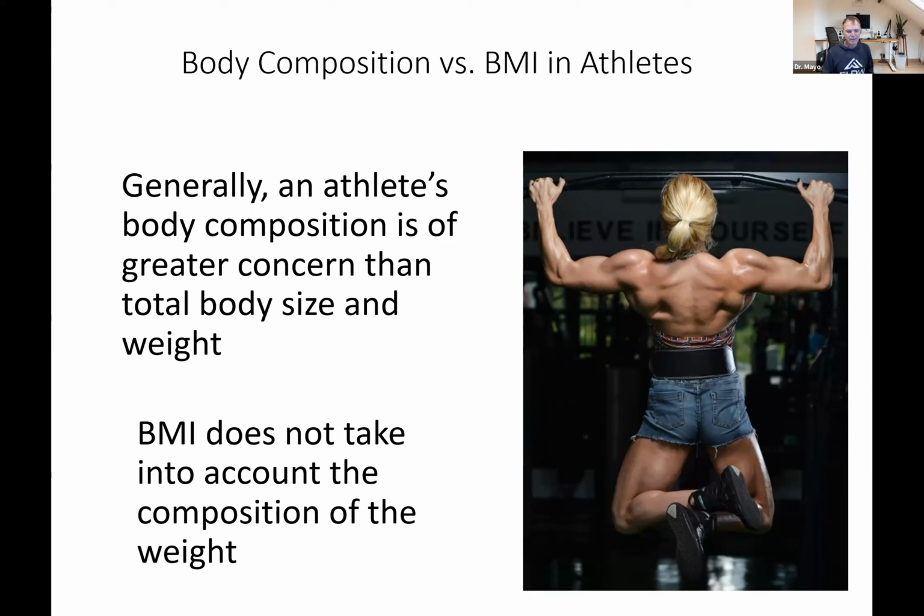And especially when you're younger, BMI is a hard predictor of health risk, because the body's changing as you're growing up. Just because you have a BMI of 25 doesn't mean you're 25% body fat. Hopefully you know that at this point.